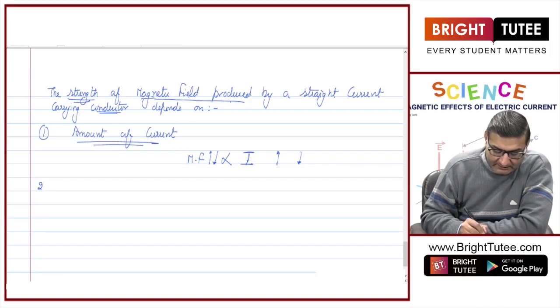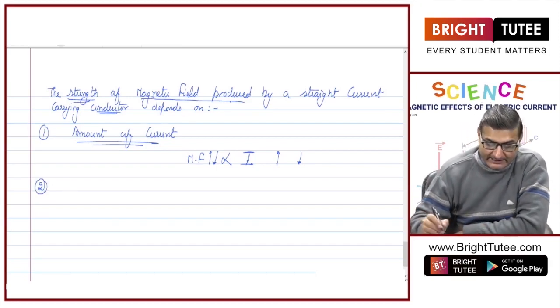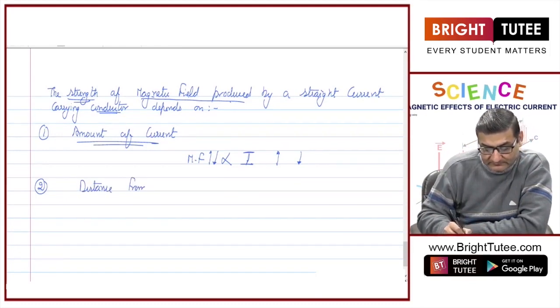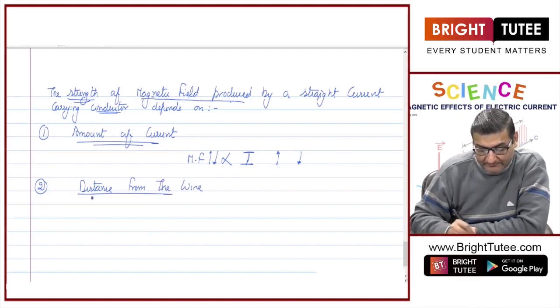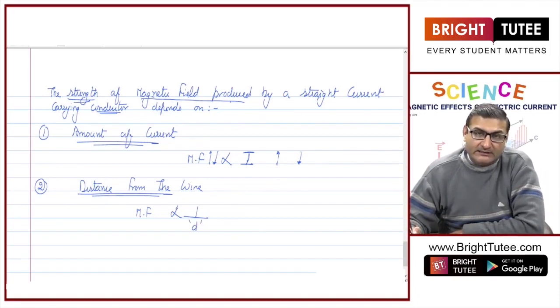The second factor on which the strength of magnetic field depends is the distance from the wire. The magnetic field is inversely proportional to the distance.